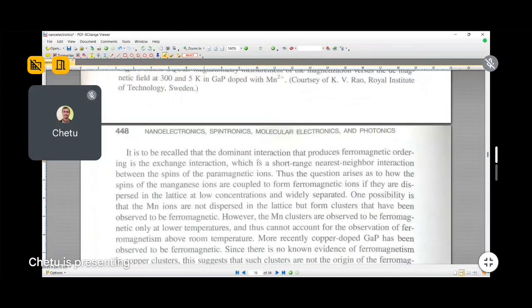The dominant interaction that produces ferromagnetic ordering is the exchange interaction that we have seen previously, and this is a short-range nearest neighbor interaction between the spins of the paramagnetic ions.